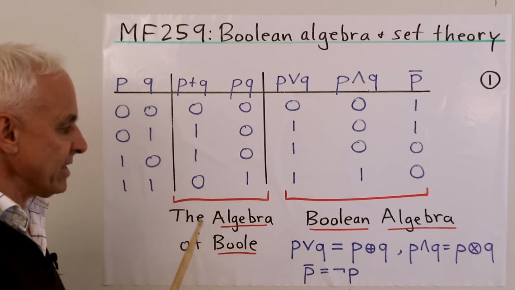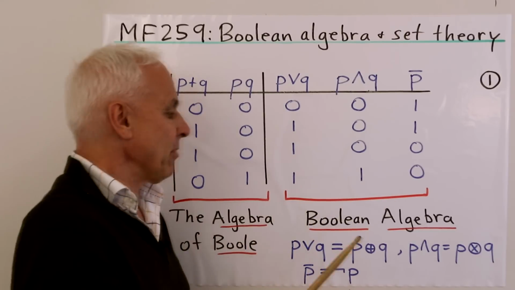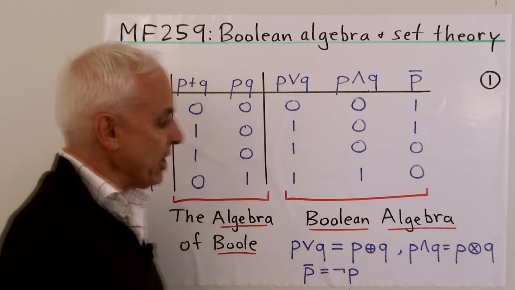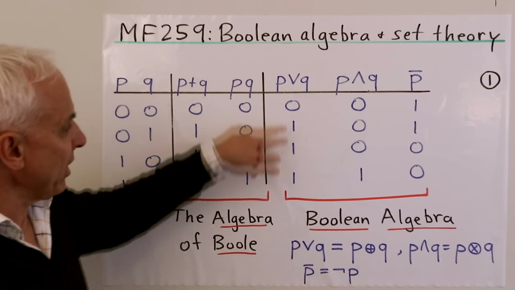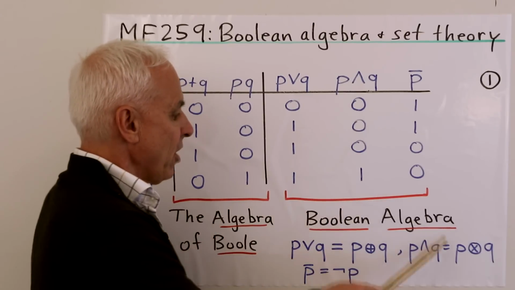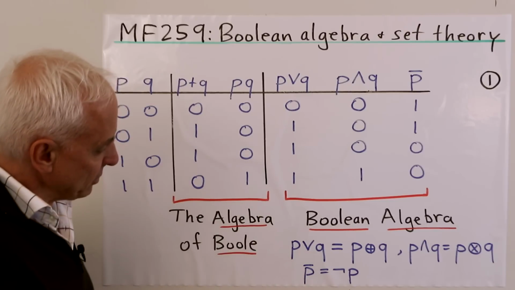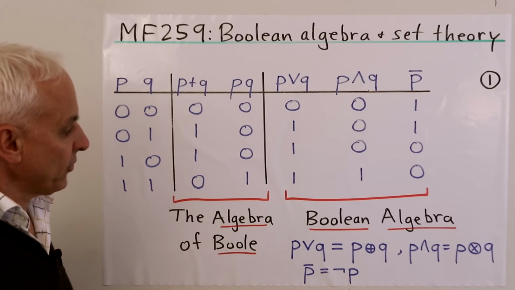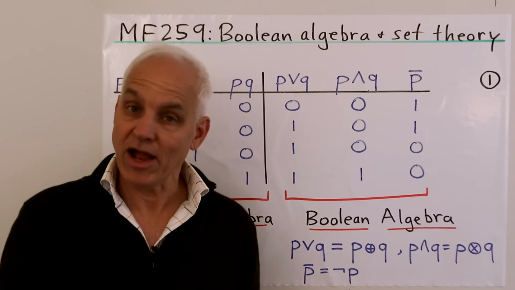To minimize that confusion, but still have it available, we might use a circle addition and circle multiplication to represent the union and the intersection. So this operation could be thought of as the Boolean addition, and this one could be thought of as the Boolean multiplication. And another notation that's sometimes used for the not operation is to have some kind of bar like this in front of P. So today we want to look at the Boolean algebra and how it arises from the algebra of sets, actually quite naturally.